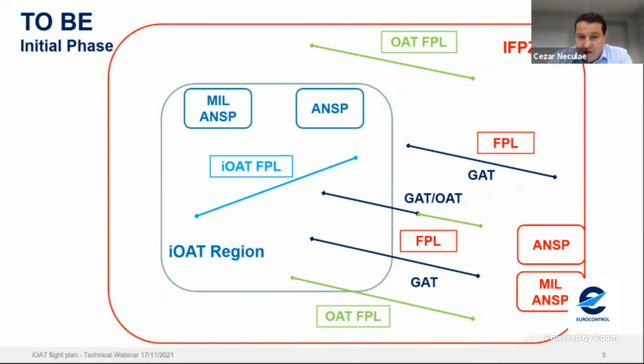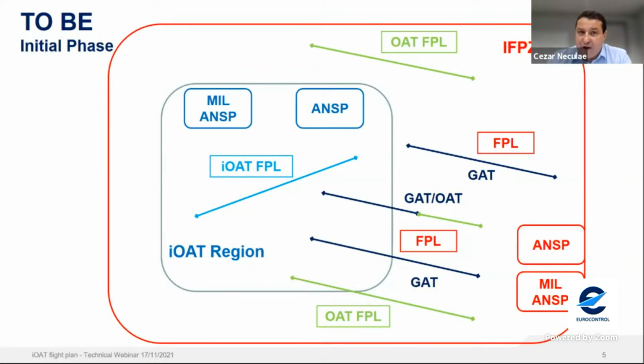We will set up, as you see in blue, the OAT region, and this improved OAT flight plan format will be accepted only if the entire flight plan profile is within this region. For whatever goes outside or comes from outside, as you see at the bottom, pure OAT flight plans going outside this region, or GAT or mixed GAT OAT, the mechanism stays as it is today.